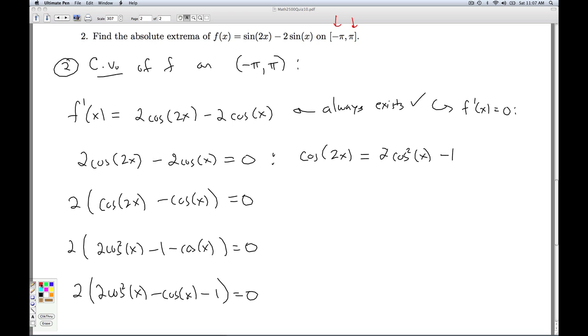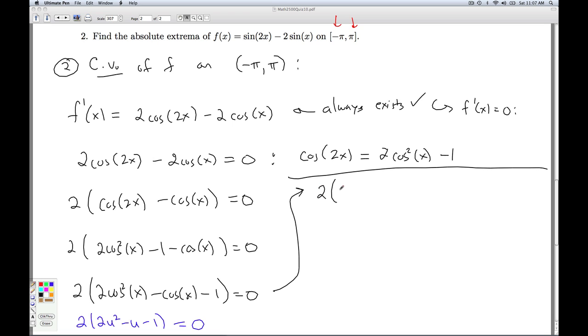If I think of this as a quadratic, it's 2u squared minus u minus 1, and I can factor that. So I'm going to factor this quadratic using cosine as u.